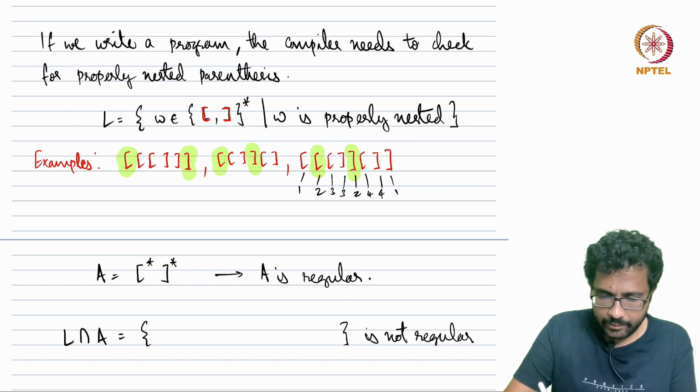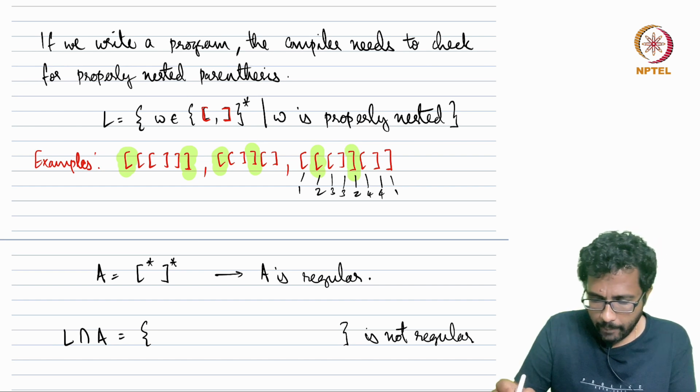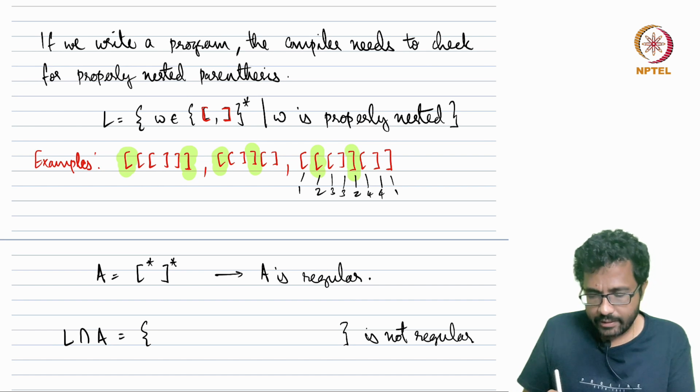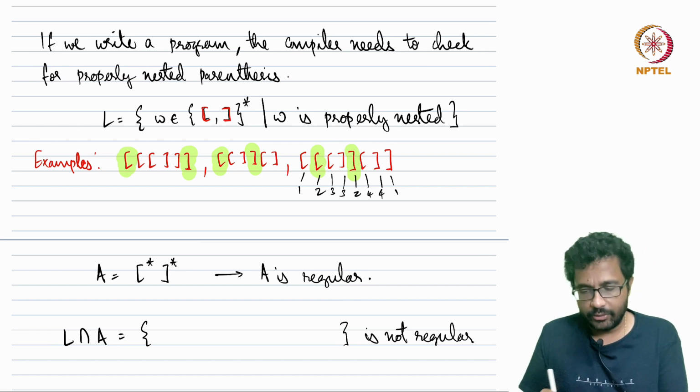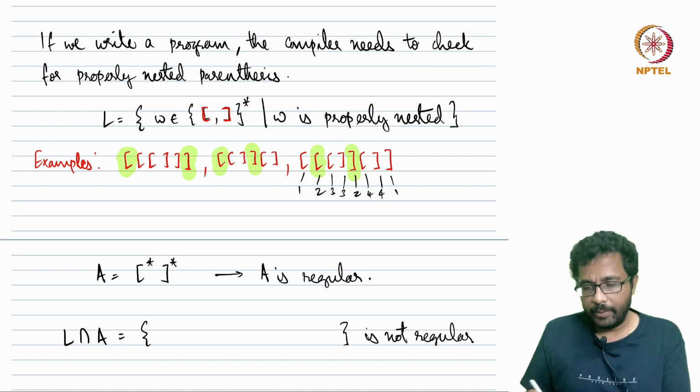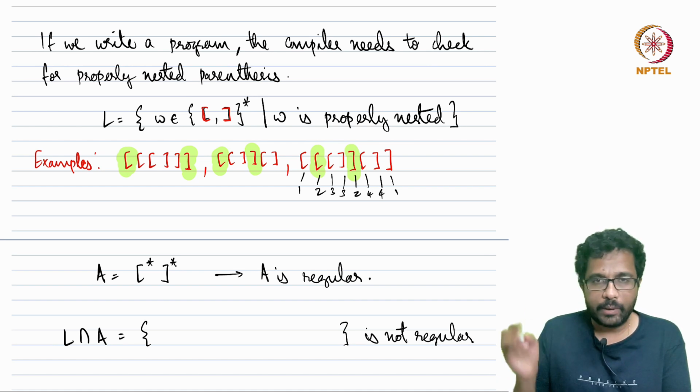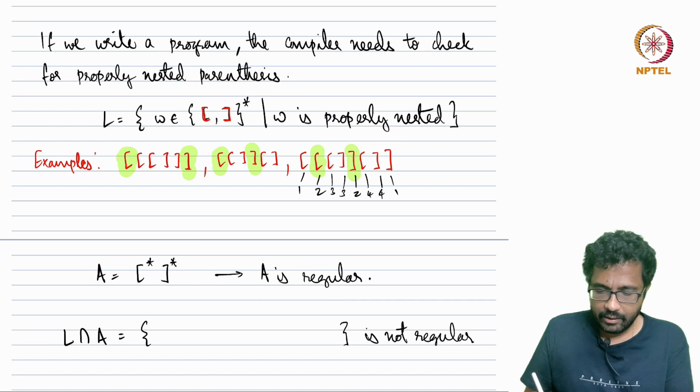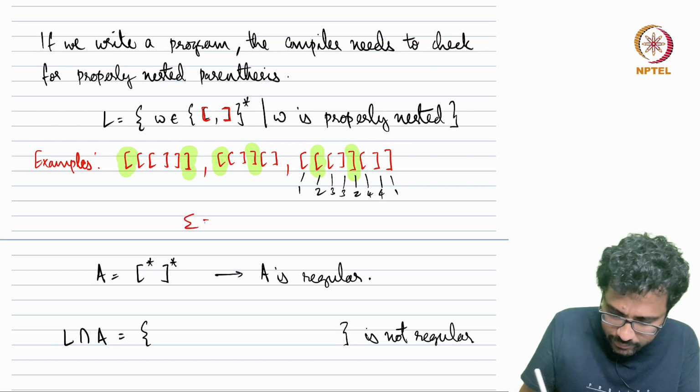For instance, let's consider the language that is just open bracket star followed by close bracket star. It uses just 2 symbols, the open bracket and the close bracket, so that is the alphabet here.